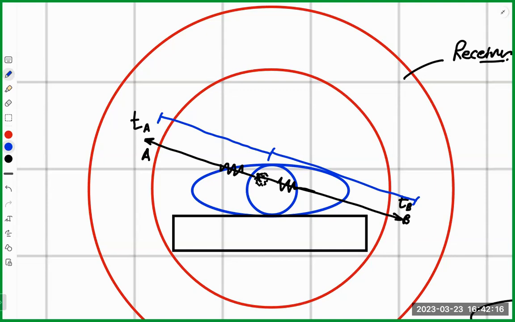Because if I know the line between A and B, and I know the time to get to position A and the time to get to B, I can find the difference of time, and that allows me to know how far from the center it is. That's it.